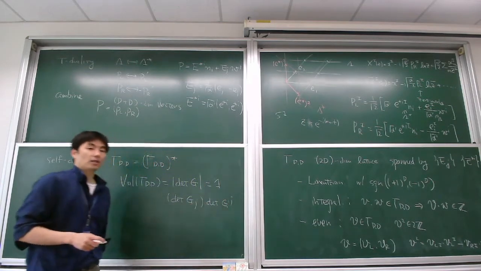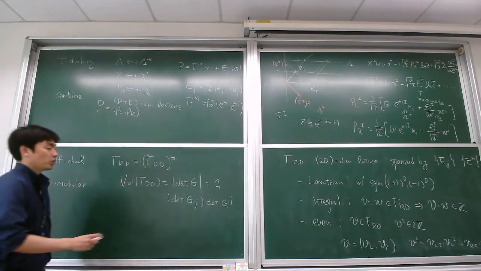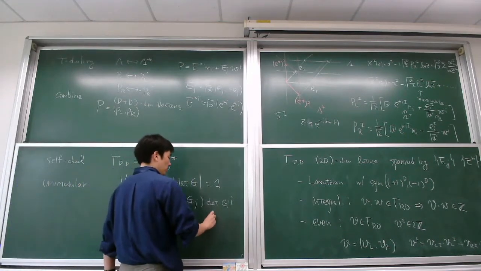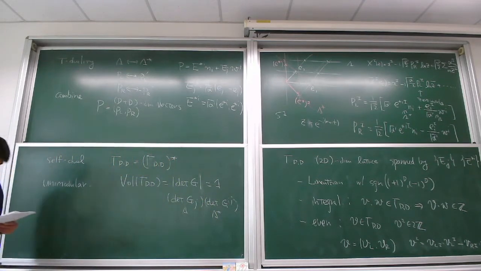It should be 1. Okay. This is the metric from lambda, and the metric for lambda star. So it should be 1. So that's unimodular.